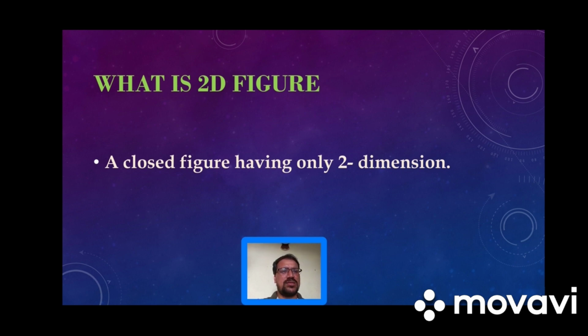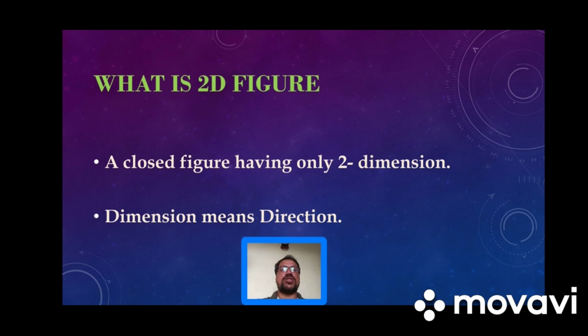What are dimensions? Dimension means direction. If it has two directions, then the closed figure is called a 2D figure.